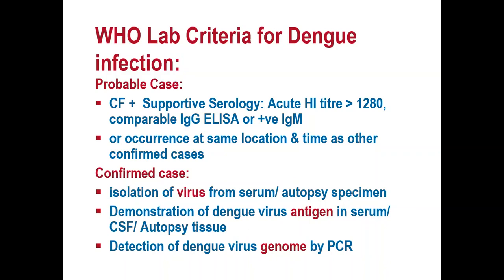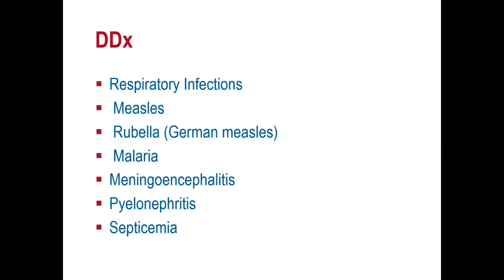Unfortunately, we are not going to do IgG and IgM or NS1 here, and along with ELISA methods, we use the kit method. Or occurrence at the same location and time. For confirmed cases: isolation of the virus from serum or autopsy specimen, demonstration of the dengue virus antigen in serum, CSF or autopsy tissue, and detection of the dengue virus genome by PCR.